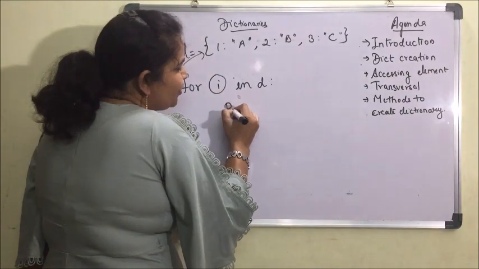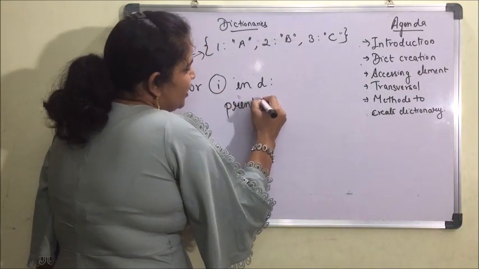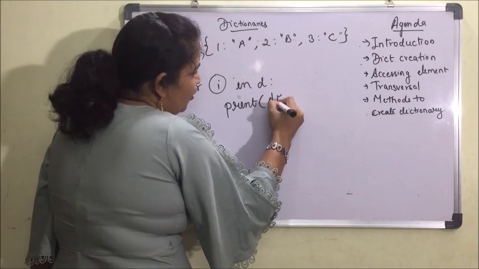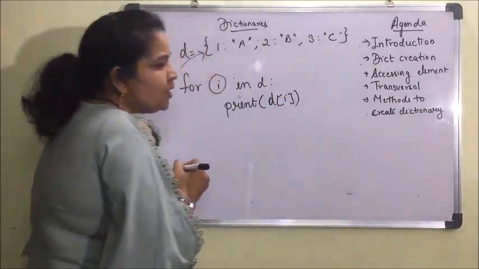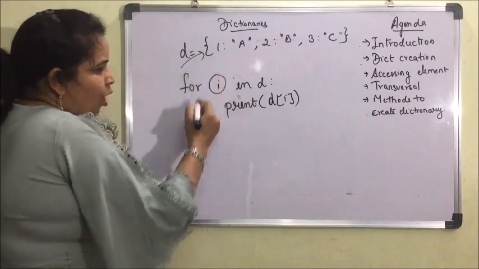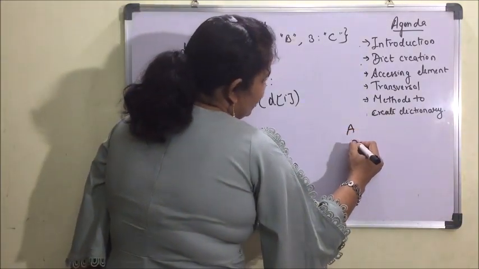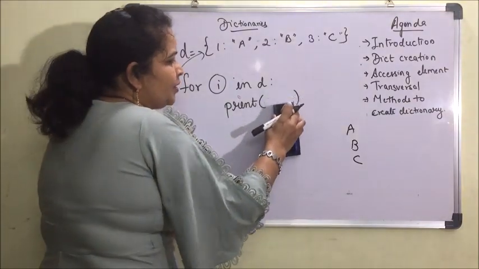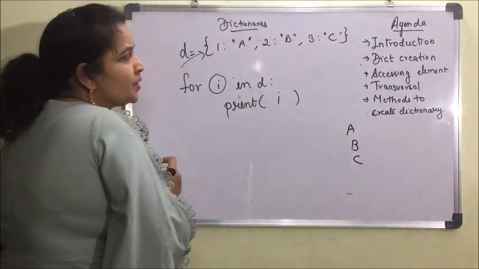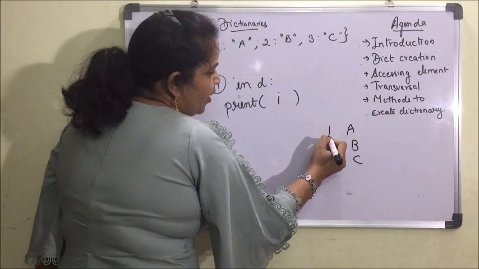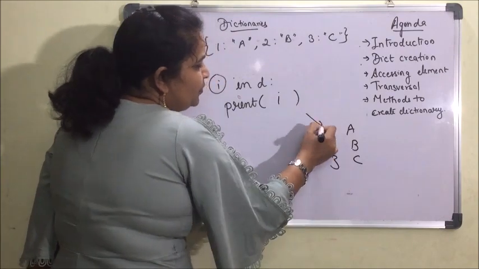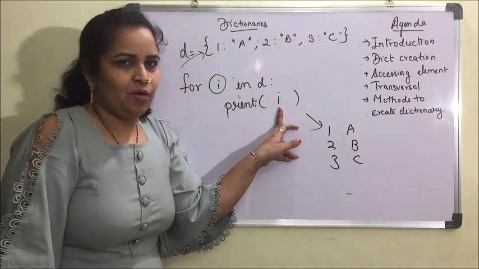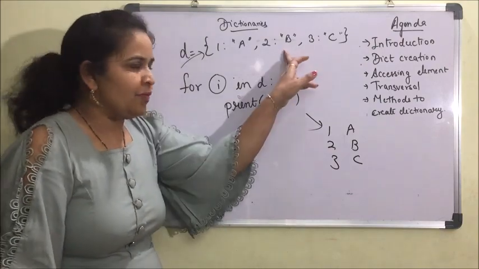So if we want to access the element, we can write print D of I. In this case, the element will be printed. So the output will be A, B, then C. If we write only I here, then 1, 2, 3 will be printed because it is the key of the dictionary, not the value.